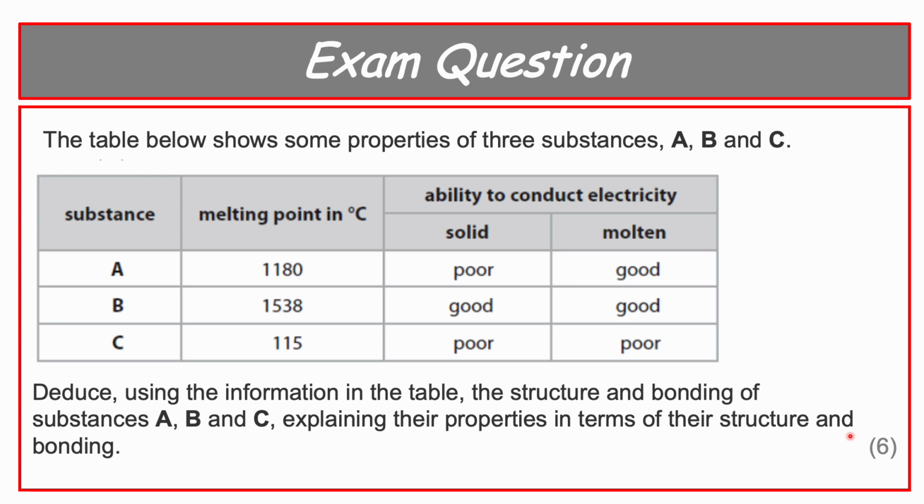Starting with A, we can see the melting point of A is high. We know A doesn't conduct when solid, but it does when you melt it. Therefore, A must be ionic. It's got a high melting point because of the strong electrostatic force of attraction between oppositely charged ions.